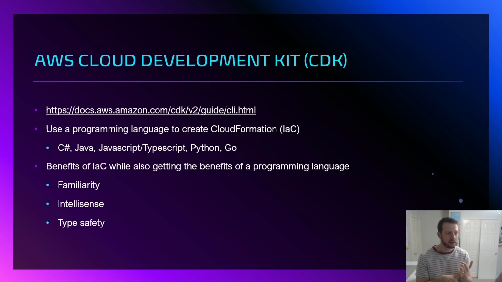You have familiarity, you know how to use C# already. There's not anything new to learn except the types coming in from these new libraries. You get IntelliSense as you normally would. It's still just plain old C#. Same thing with the type safety. You can even get Copilot working with it, right? You can get suggestions as you normally would.